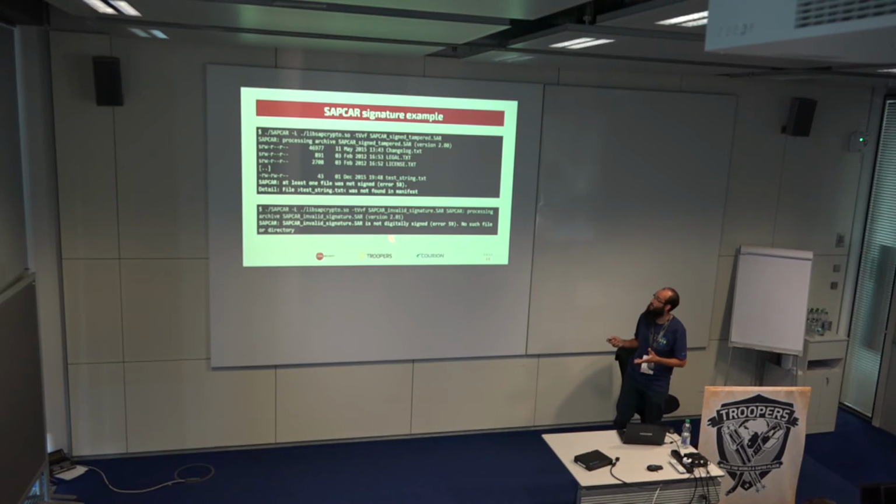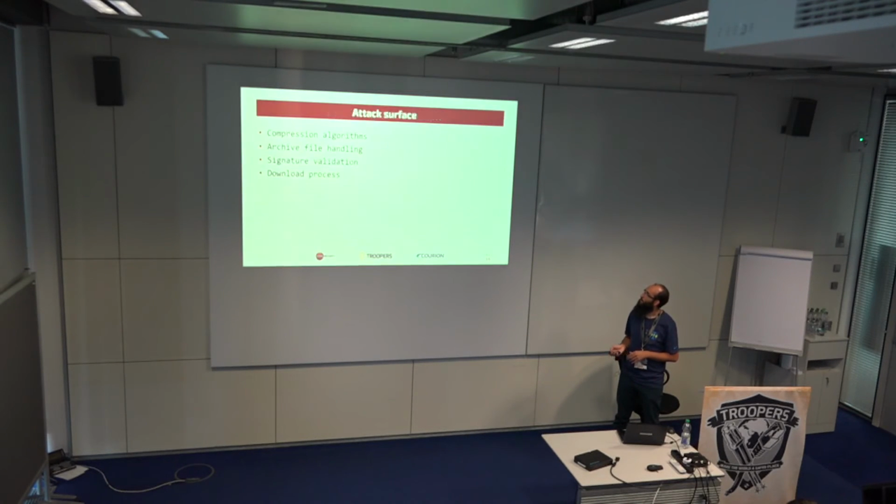And if you remove the manifest from the file, it will say that the file was not found and it's not possible to validate it. So these are the indications that the file you are checking is not authentic, and that some modifications happened at some point.